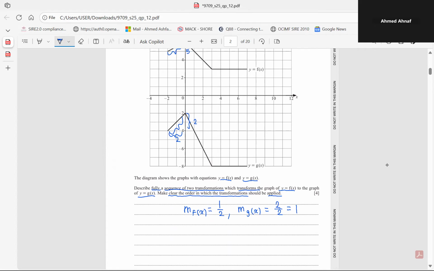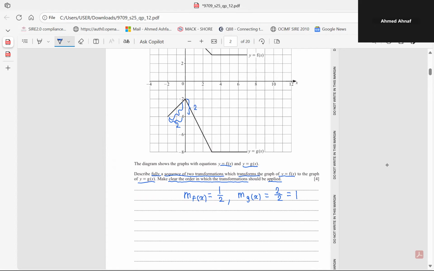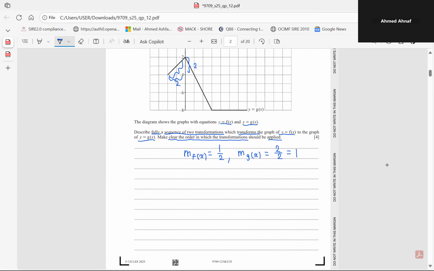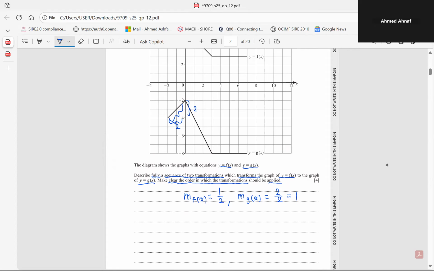So what does this tell us about the equation of y equals g(x)? Since the gradient of y equals f(x) is a half, and that of g(x) is 1, the gradient of g(x) is twice that of f(x).